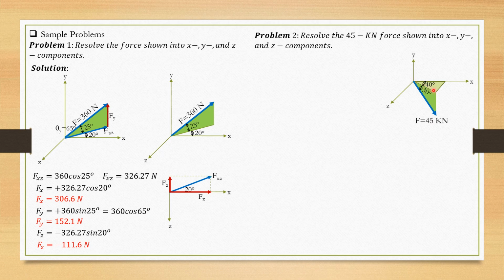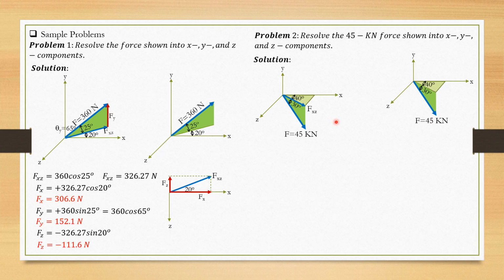So again, this shaded triangle is a right triangle. This is also a right triangle. So we can compute first Fxz because this lies on the xz plane. So Fxz from this right triangle is equal to hypotenuse 45 cosine of 30.